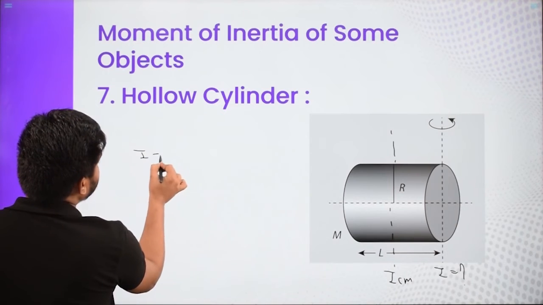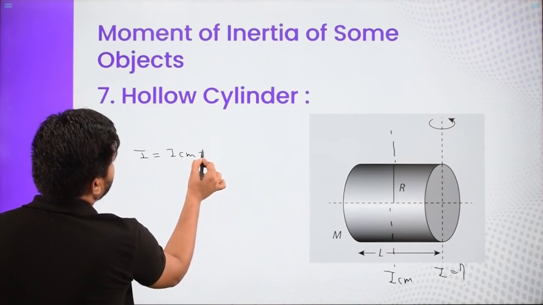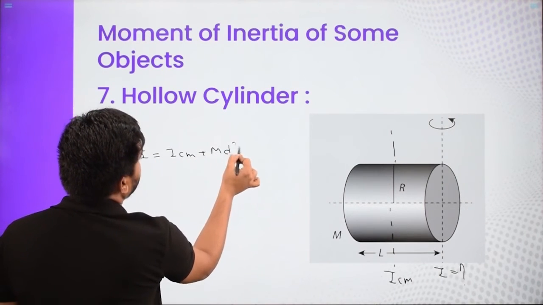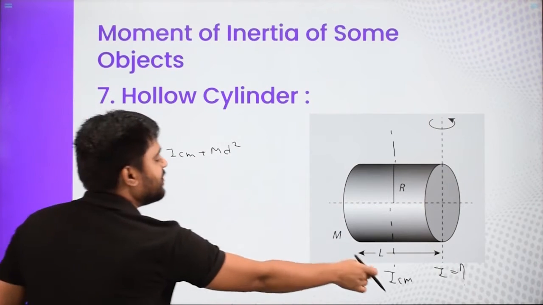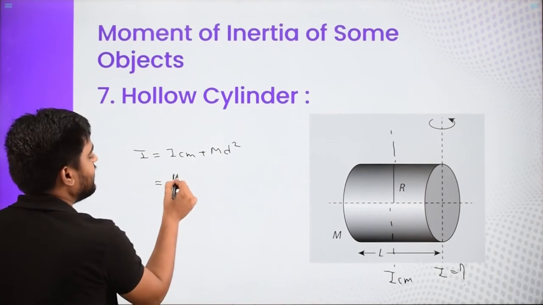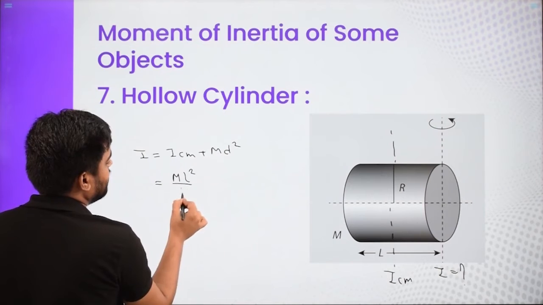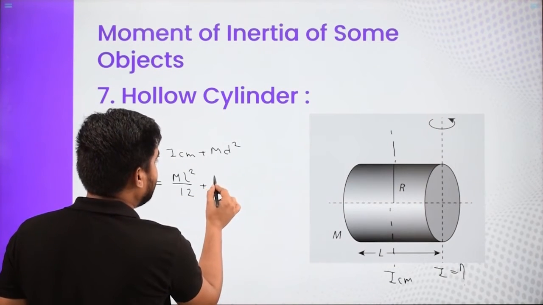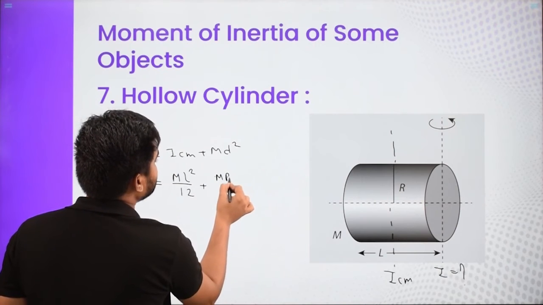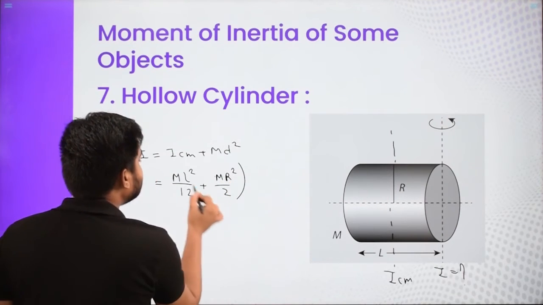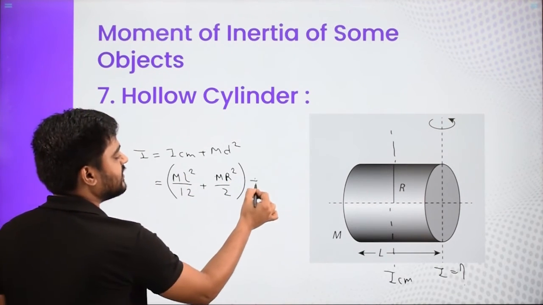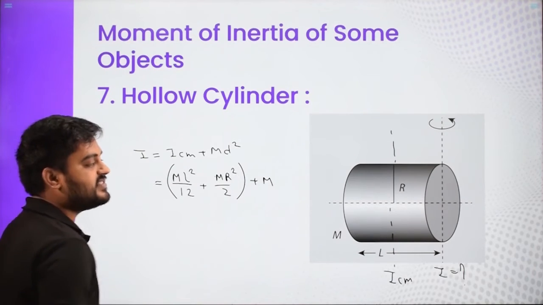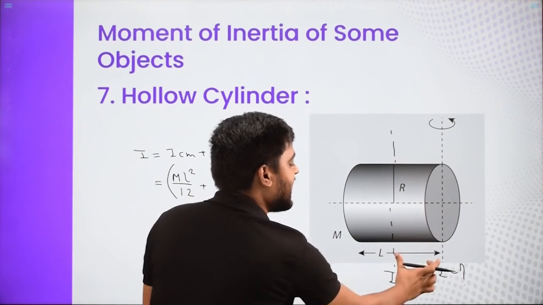I equals I CM plus M D square. I CM is nothing but the moment of inertia about this axis, which is like the rod plus the diametrical axis of the ring, which is m r square by 2. This is the I CM, plus m and d square. What is the distance? The distance between these two axes is L by 2.